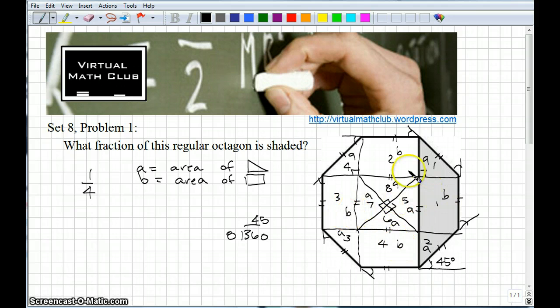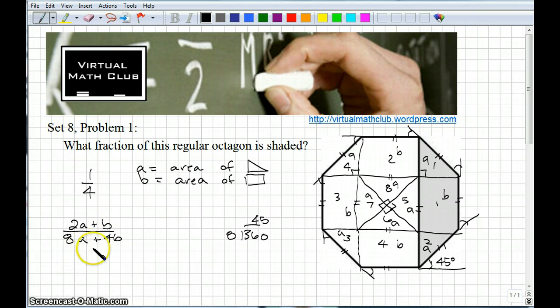So let's do the area of the shaded region first, since we want to find the fraction of the total. We have 2 A's and a B as the area of the shaded region. And the area of the whole thing is 8 A's and 4 B's.